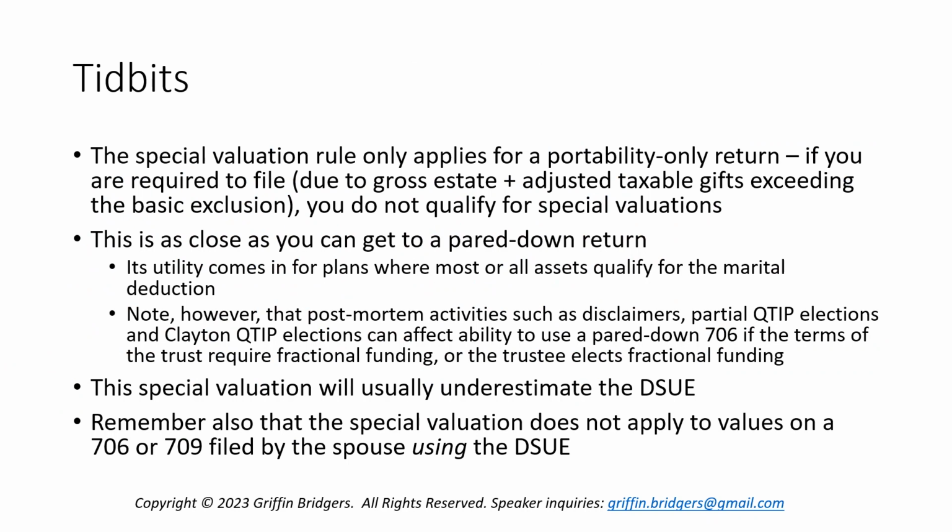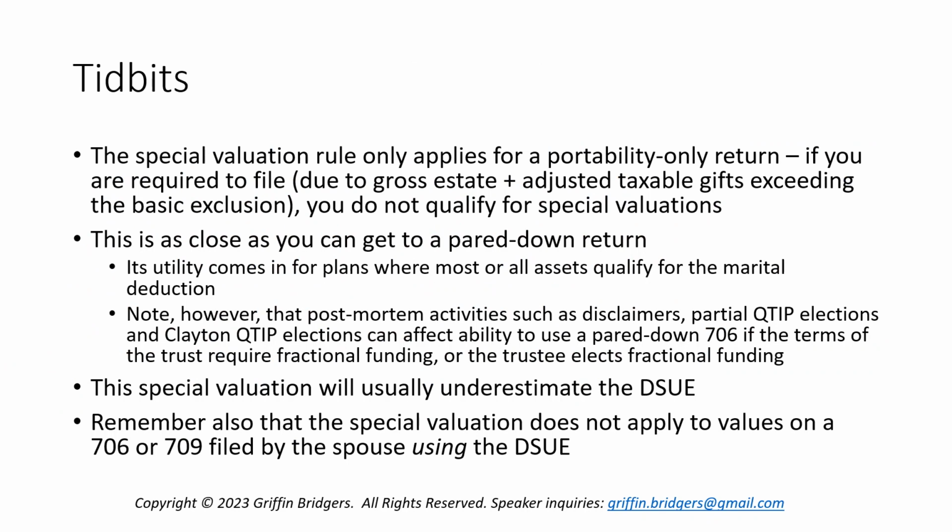And keep in mind, too, that post-mortem activities, such as a partial Q-tip election or a Clayton Q-tip election, or even a disclaimer of partial interests in assets, could affect your ability to use this pared down 706 through that special valuation rule because, again, assets that only fractionally qualify for the marital or charitable deduction won't qualify for that special valuation rule.